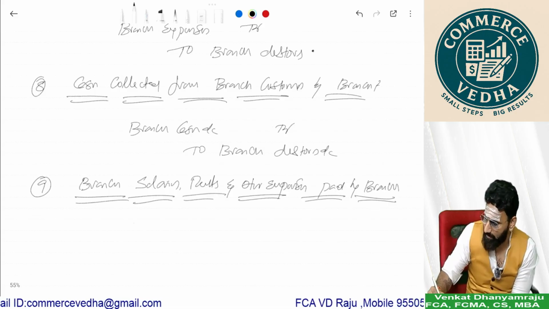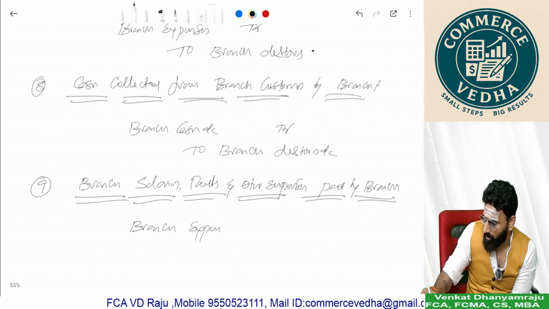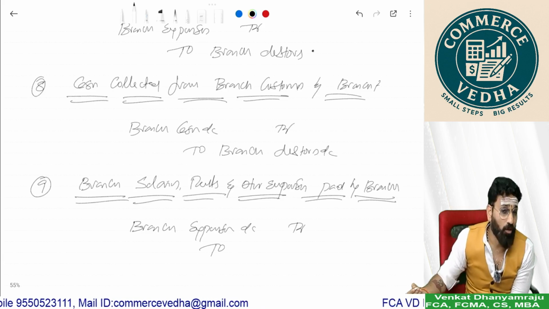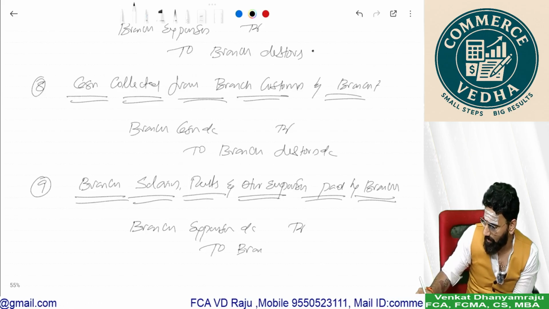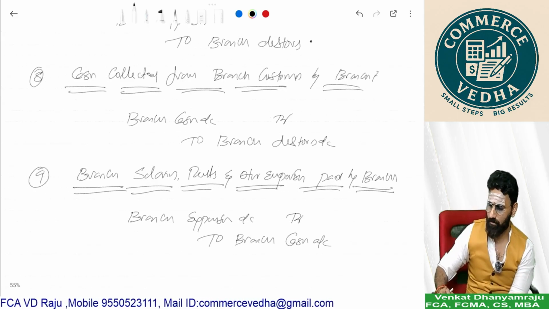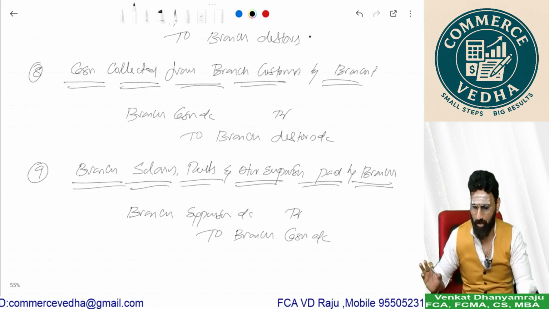This is expense, right? Branch expense account debit to, what is going out here? Cash. So it is a cash expense, branch cash account. So you paid expenses, so expenses to cash.